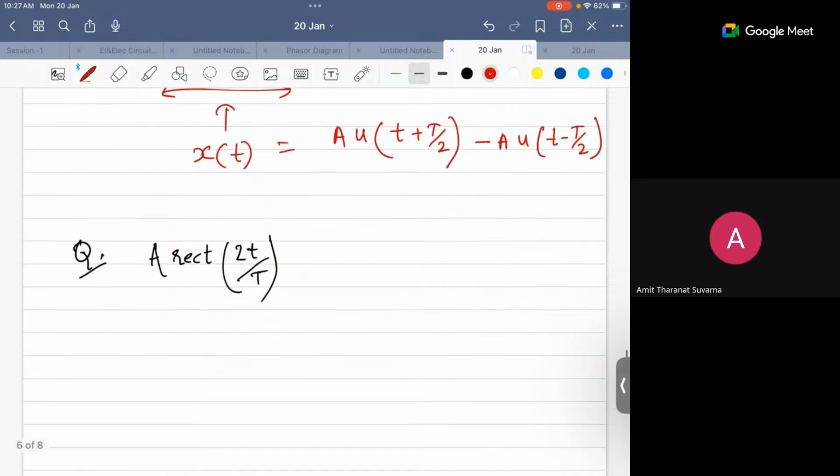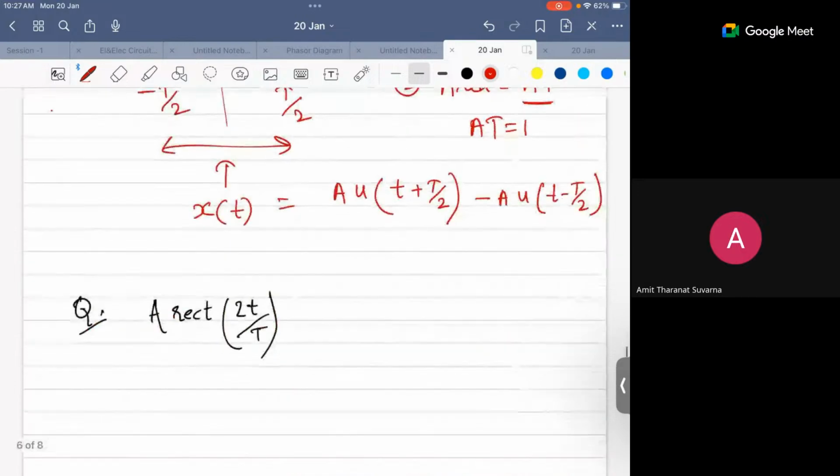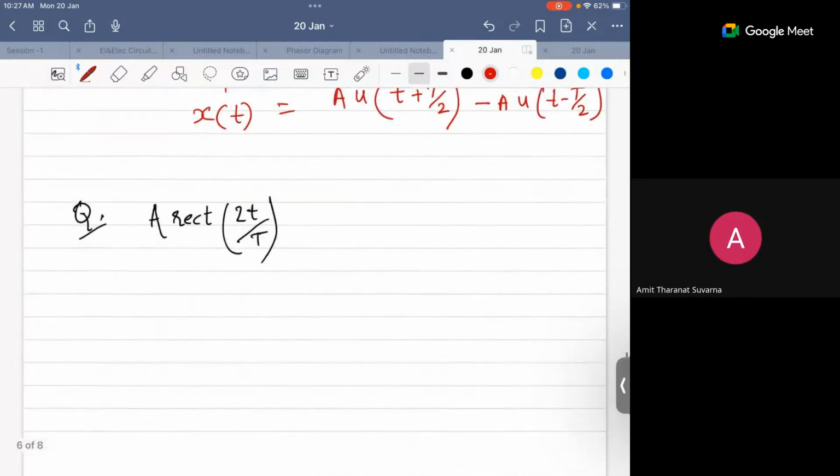Now, when do you call it a unit rect function? Whenever the area A tau is equal to 1, you call it a unit rect function. So this depends on the area of a rect function. Now, if I have to represent this function, how will you represent it?